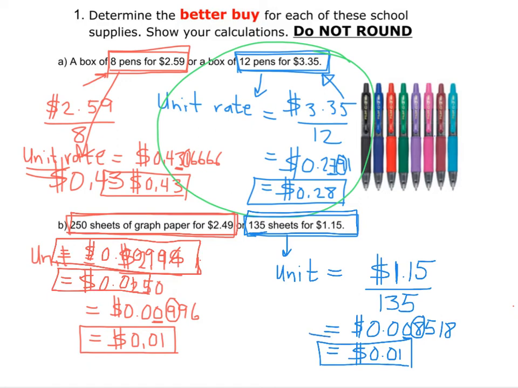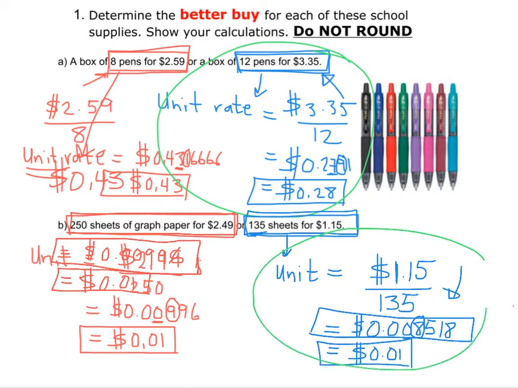But this one has 0.00 and then there's an 8. So this one is actually cheaper. If we looked back enough decimal places, even though both are very close to a penny, in the long run, this one here is cheaper than the first option.